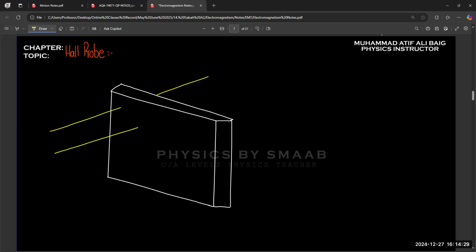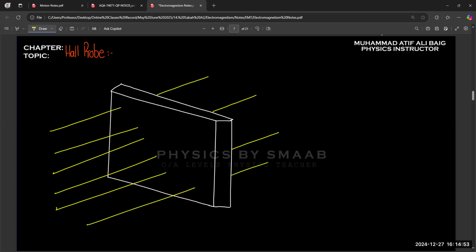So this is like out of the paper. These are the magnetic field lines moving in this direction.